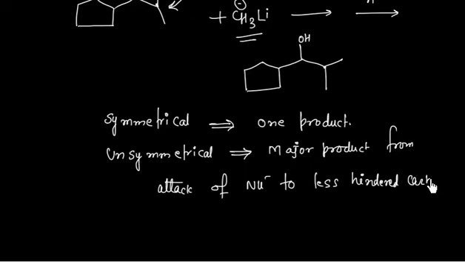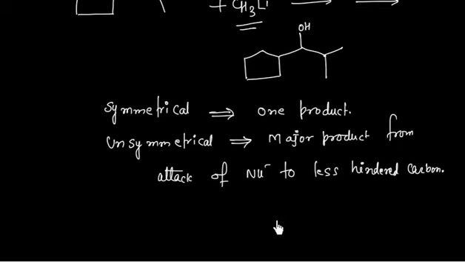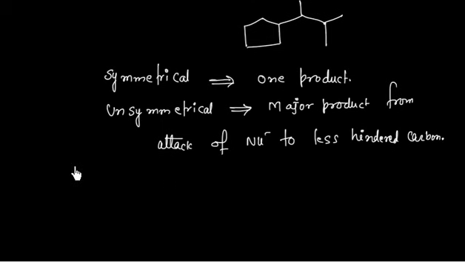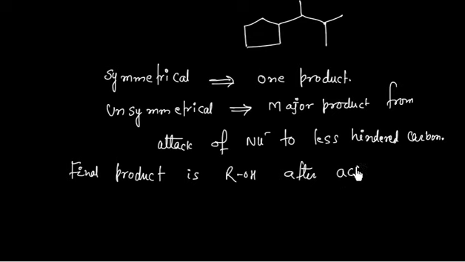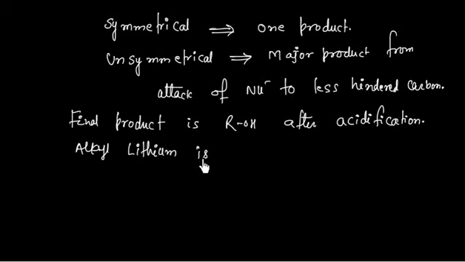And finally we get an alcohol after acidification. So the final product is alcohol after acidification. And the last point is that alkyl lithium is more selective than Grignard reagent.